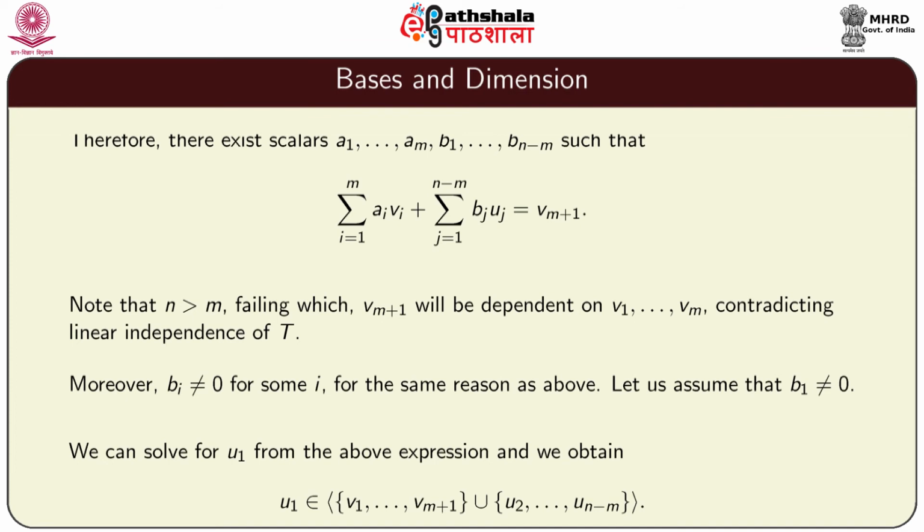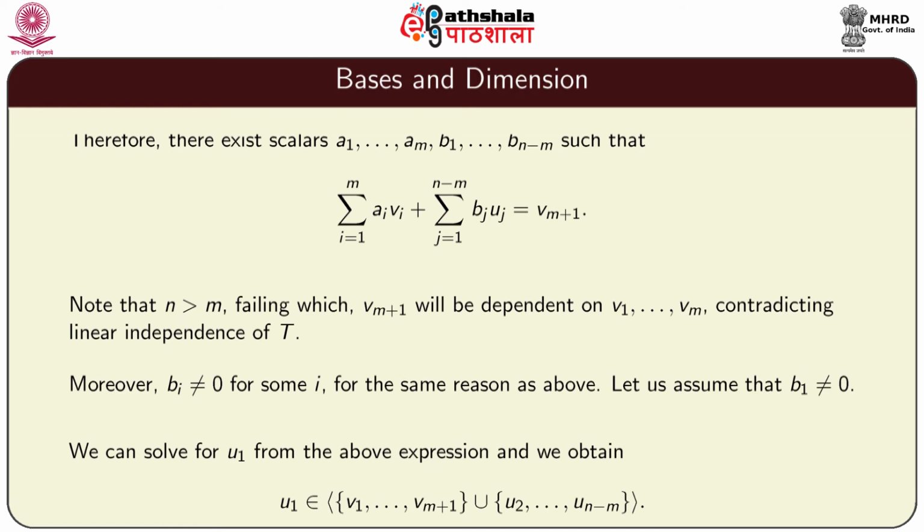Therefore, we have on the right hand side u1, which is separated out because b1 is a non-zero element in F. So, we can express u1 in terms of the other vectors.